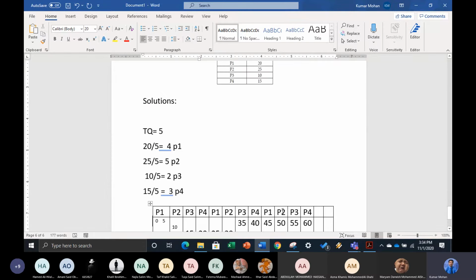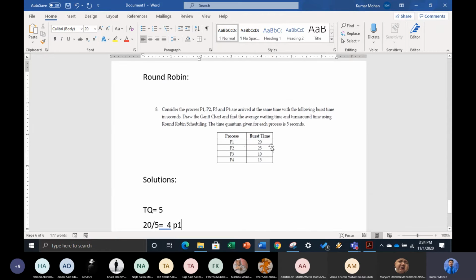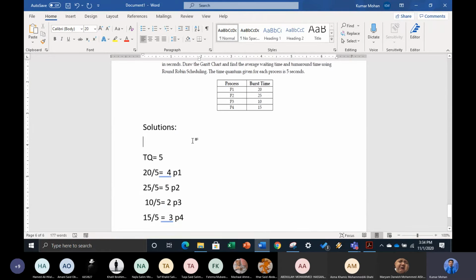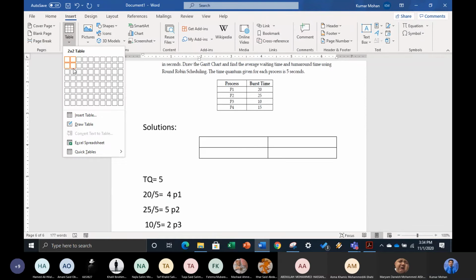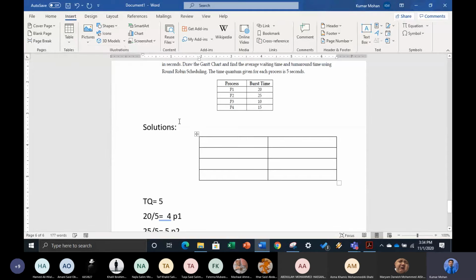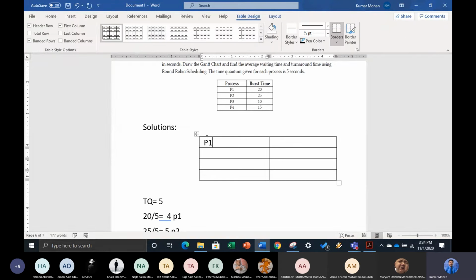Is it correct? Now you check here. For example, I have the processes P1, P2, P3 and the burst times 20, 25, 10, 15.